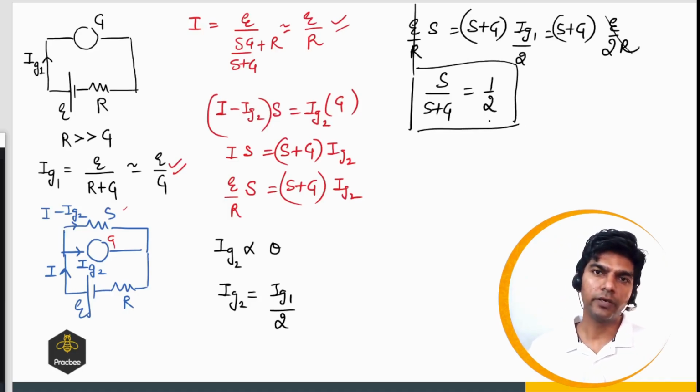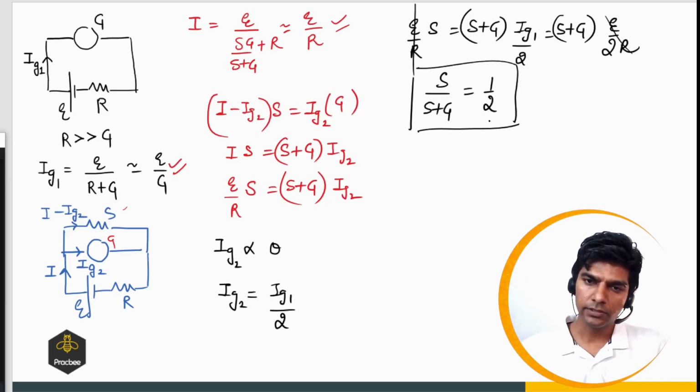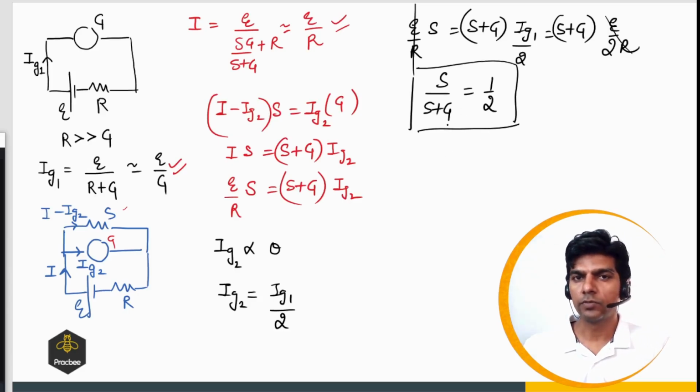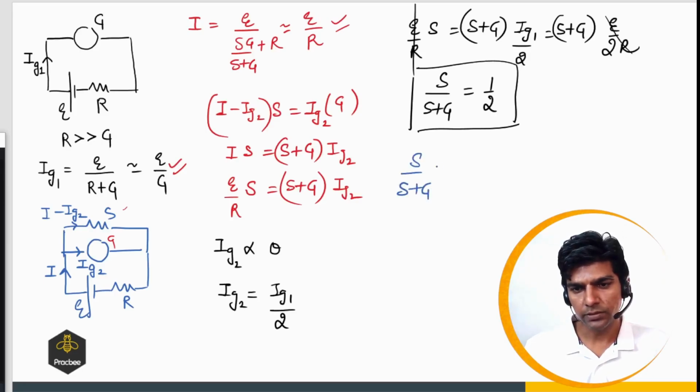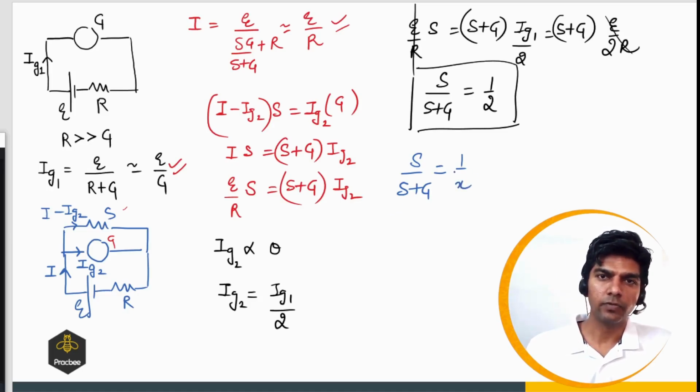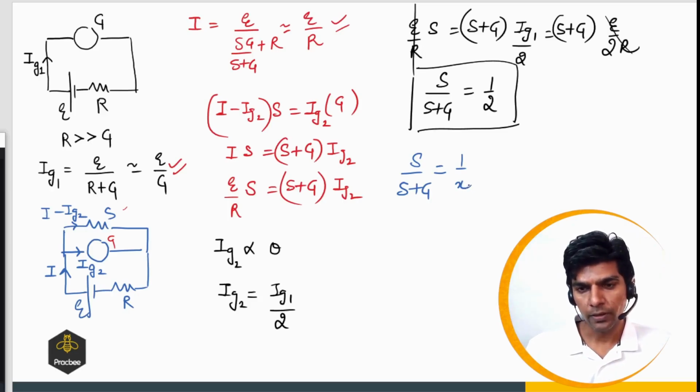So you can remember this relation to find the resistance of the galvanometer. Suppose they talk about the 1/3 deflection method, in that case you can replace this 2 with 3, or you can remember a general formula: S upon S plus G is equal to 1 by X, where X will be 3 if it is 1/3 deflection, 4 if it is 1/4 deflection, and 2 if it is half deflection.